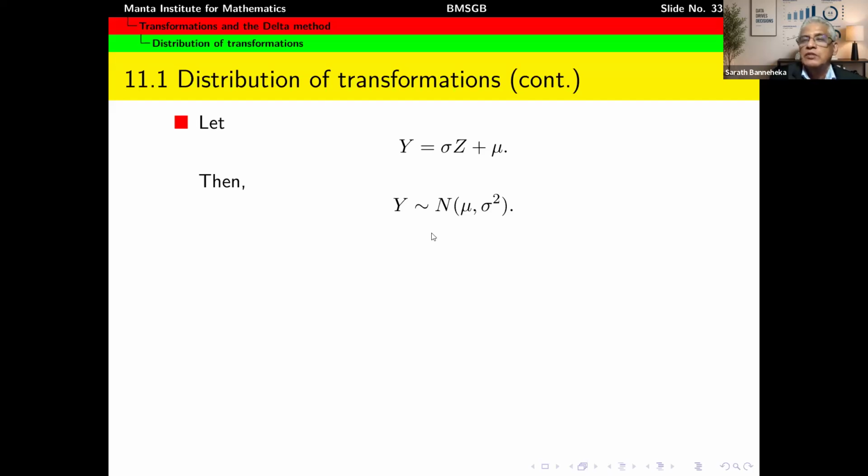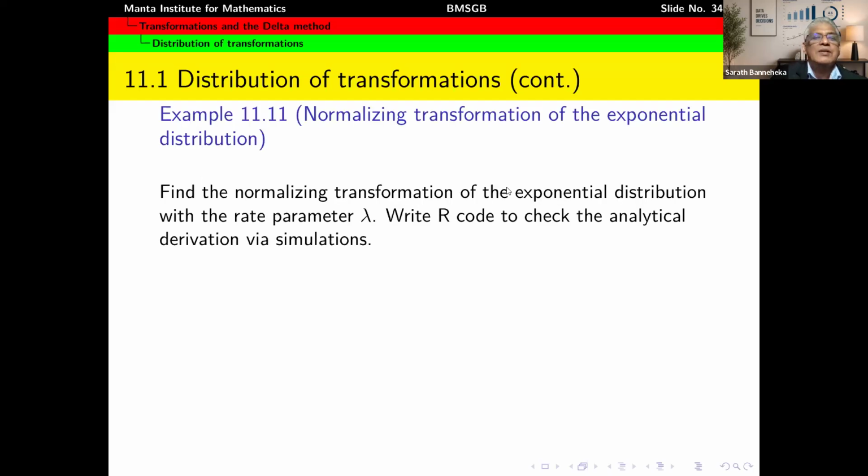Then you can go one step further by saying Y is equal to sigma times Z plus mu. So this will convert those standard normal data into normal data with mean mu and standard deviation sigma. So in that case, Y will be normally distributed with mean mu and variance sigma squared. So that's a pretty interesting and very useful result.